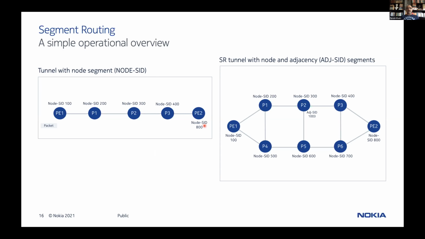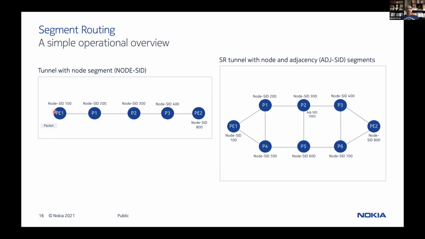So in this network here, every node assigns a segment identifier for itself. So we call it the node SID. So PE2 has a SID of 800, PE3, 400, and so on. So all of these are representing a label that is the segment identifier for the node.